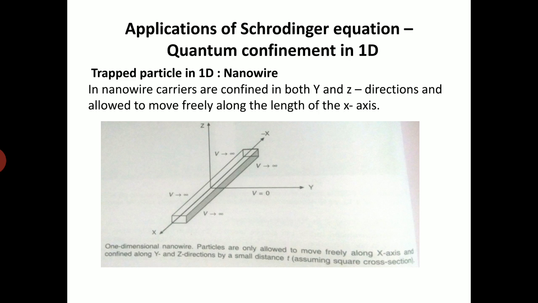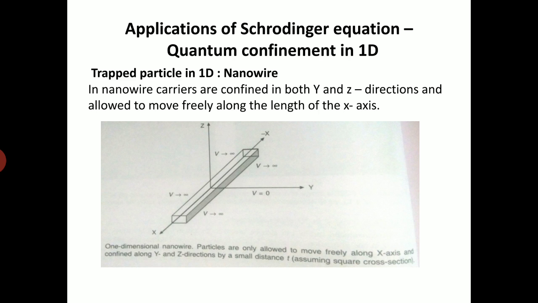In this case, the charge carriers, holes or electrons, are allowed to move freely along the length of the x-axis, and they are confined in both y and z directions.